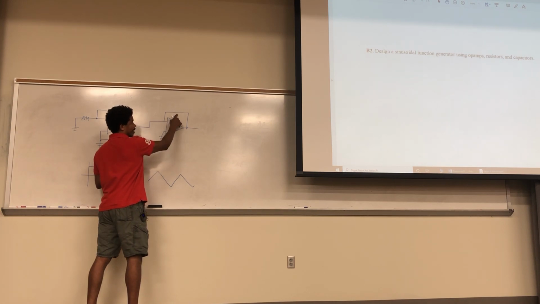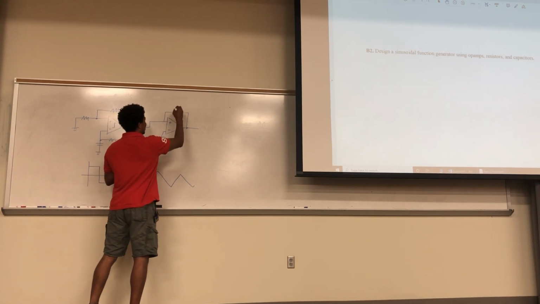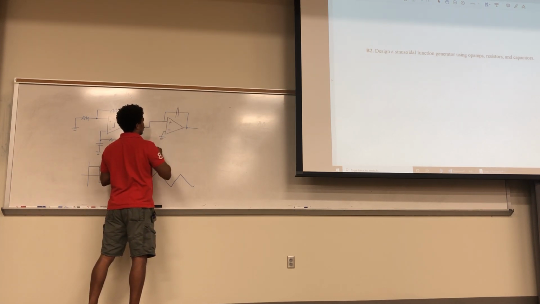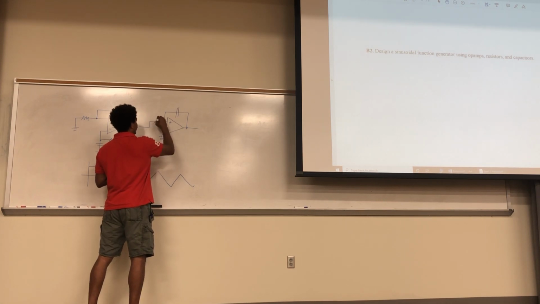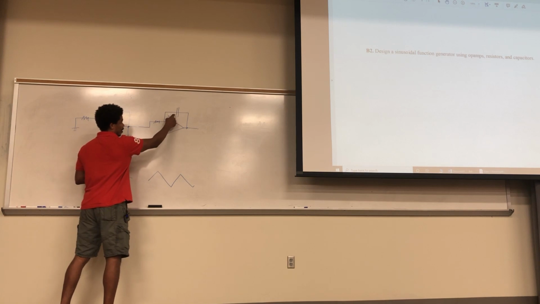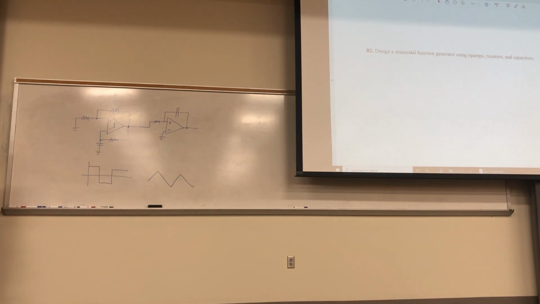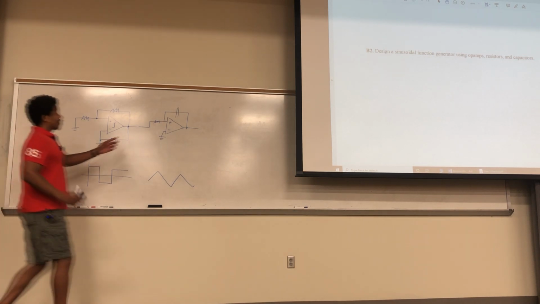Resistor in feedback? Are you sure? For an integrator? I believe it's a capacitor. I believe if you put a capacitor here and a resistor there, then it's a differentiator, but that way it's an integrator.